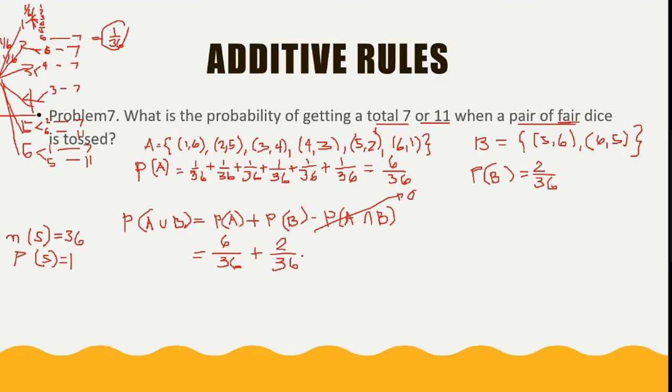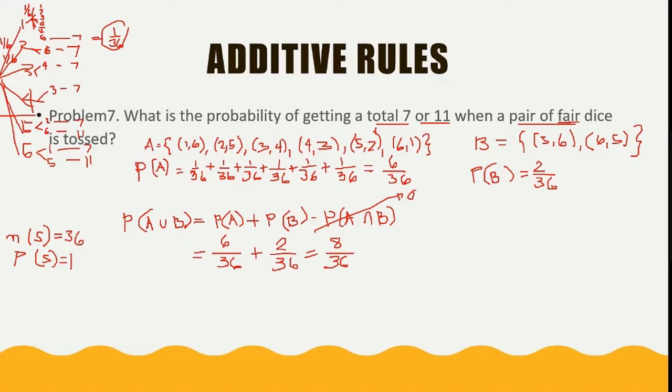So I did not change the denominator so that I can easily add them, and this results in 8 over 36. This is the time that we can simplify, getting the common factors of 8 and 36. What are the factors of 8 that can also divide 36? We have 8 is 8 times 2.